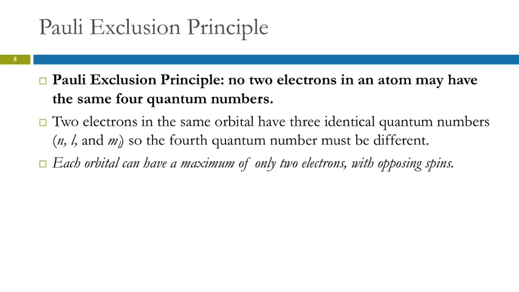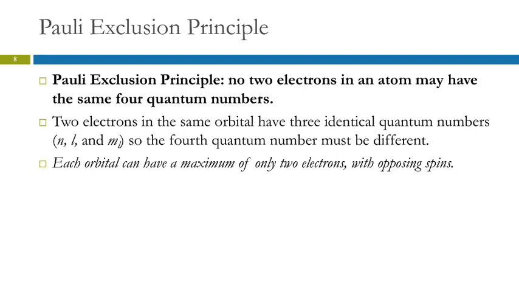So if you have these 4 numbers, that describes a single electron. So if you have 2 electrons in the same orbital, they're going to have 3 of the quantum numbers identical. n, l, and m sub l will be the same. The 4th one has to be different. So one would have a +1/2 spin, the other would have a -1/2 spin.